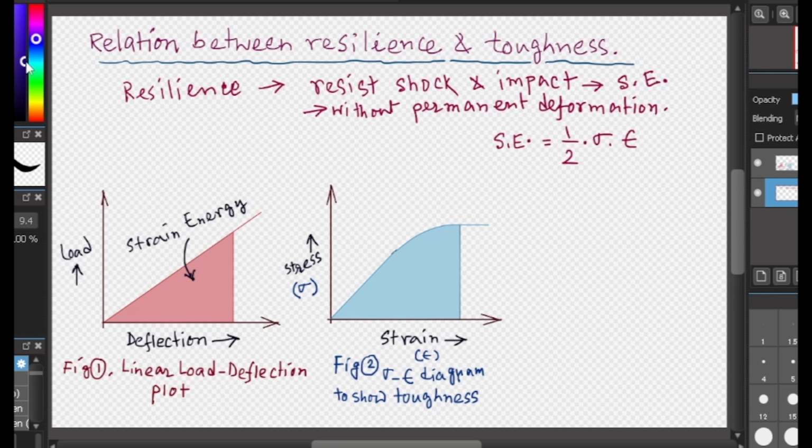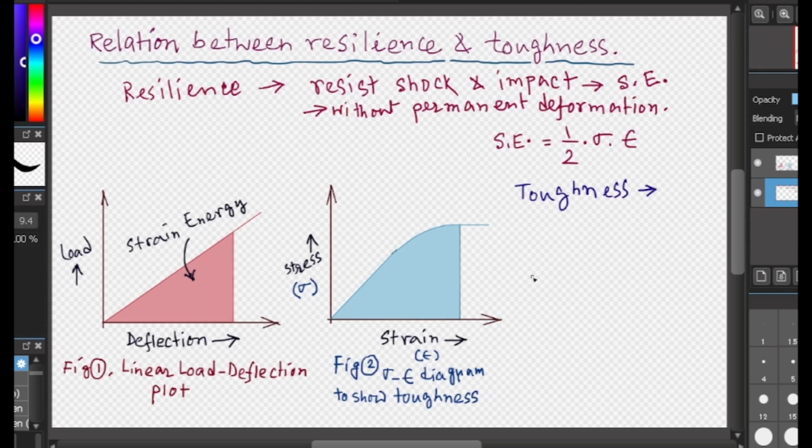If I am talking about toughness, as shown in figure 2 in the stress strain diagram, over here you can see another area under the curve, that is the measure of the toughness.